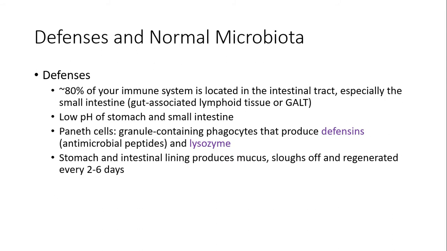All right, so defense-wise, about 80% of your immune system is stationed inside the GI tract, and especially the small intestine. And there you'll find these special tissues called the gut-associated lymphoid tissue, or GALT. Basically, it's a great big sort of like military base, if we were to use that analogy, of all of the things that make up your immune system. They are there because this is a huge site of interaction with the outside world.